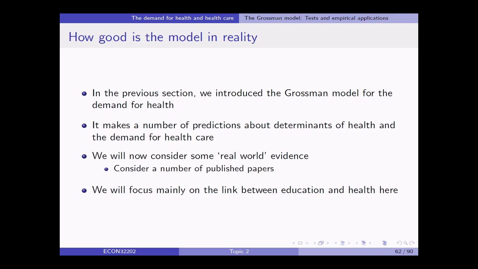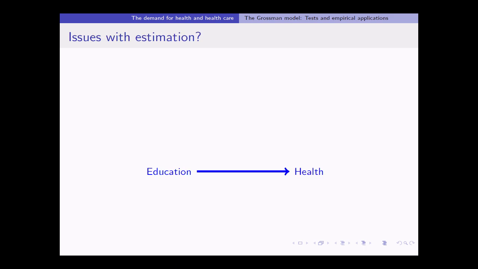So what we're going to do is focus on education and look at 3 papers in the academic literature that have very mixed results in terms of how well the Grossman model does in terms of predictions.